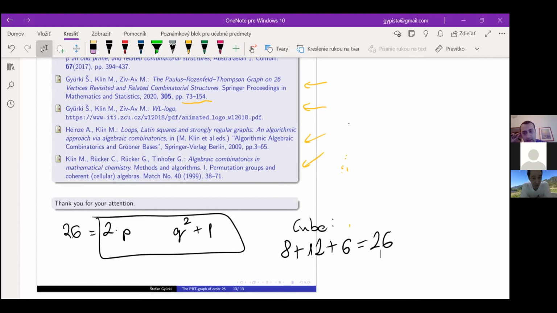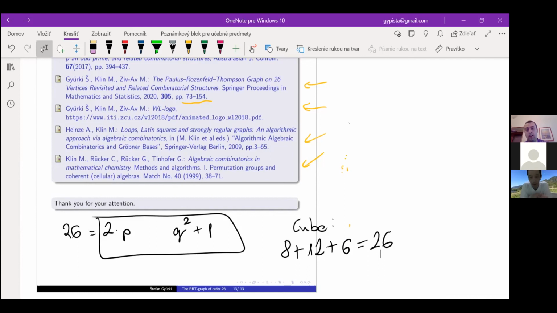Yes, exactly. And this particular one, the Paulus-Rozenfeld-Thompson graph, this has several. No. This one, which we were considering, is just a single one in that switching class. In the other classes, there are more.